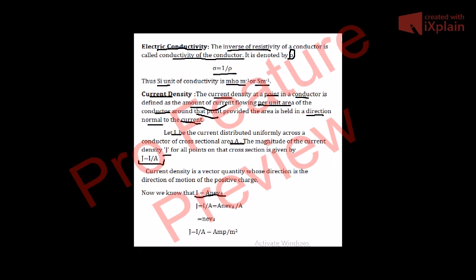Now J is equal to I upon A. It means J is equal to A n e v_d upon A, so J is equal to n e v_d. The definition of current density is J is equal to total current per unit area. Now the unit of current is ampere and the unit of area is meter square. So the unit of current density is ampere per meter square.